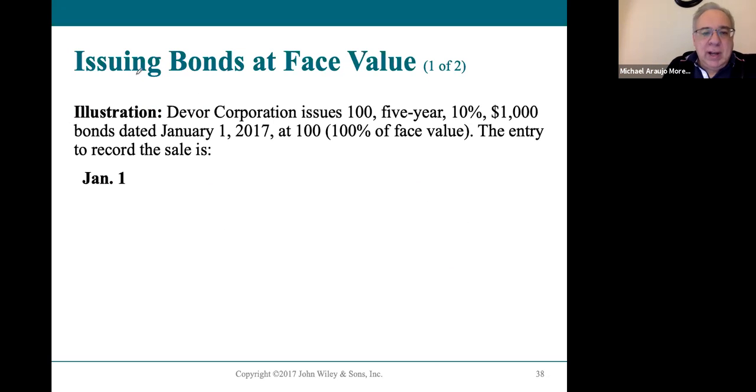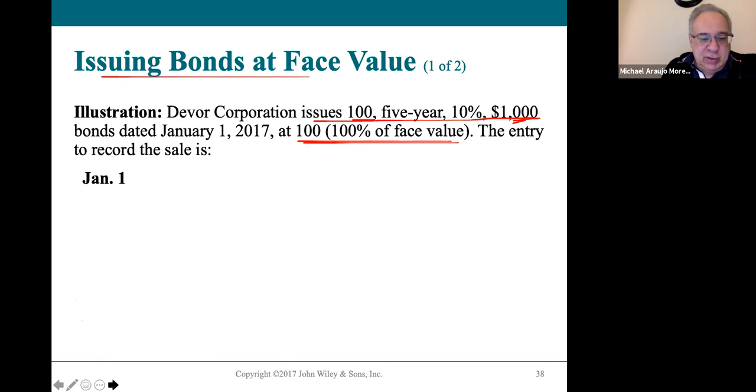If you sell bonds at their face value, it's very easy. Here you are selling 100 5-year 10% bonds. Remember, each bond is 1,000. You're selling 100 of them at 100% of face value. So you're getting a full $1,000 for each one of these bonds.